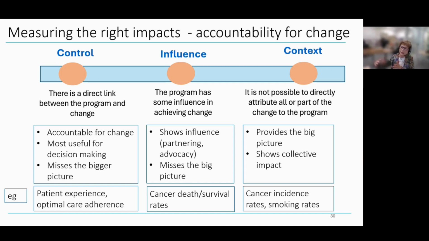And then looking at contextual measures, cancer incidence is a very, very important piece of information for the planning of your services and for goal setting and the like. But it is a contextual measure. Another way to look at that is smoking rates.